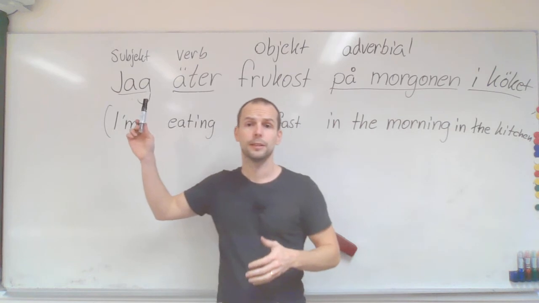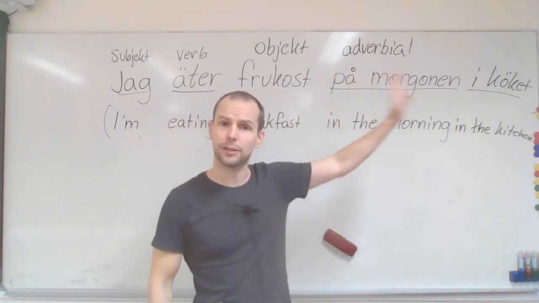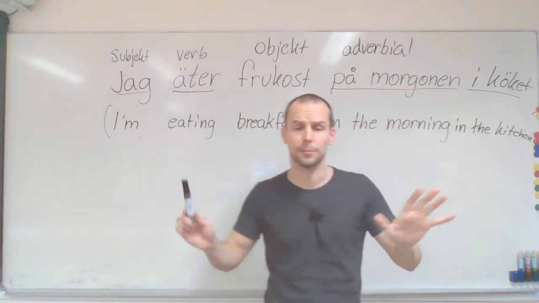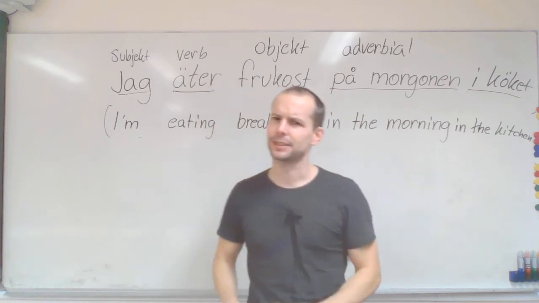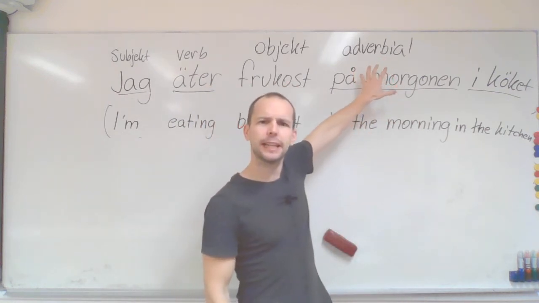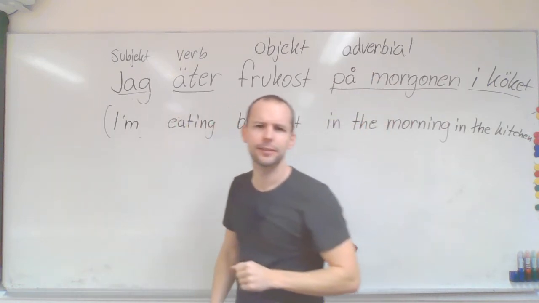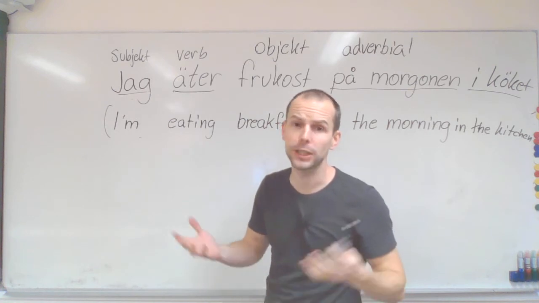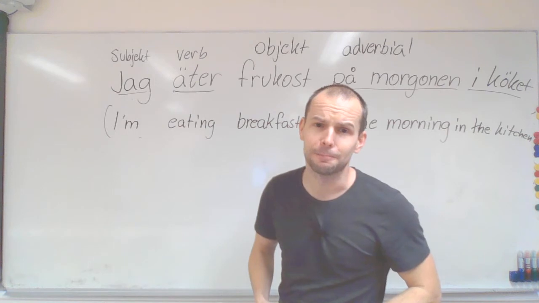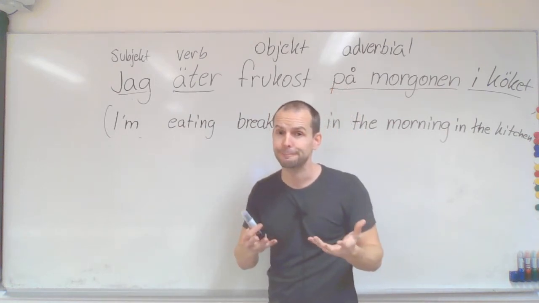So you have subject, verb, object, and adverbial. And it's the same in English, no problem. Okay? But what if we take the time and place it first in the sentence? In Swedish, we can do that, no problem. We can do it in English as well. So, does it work the same way?